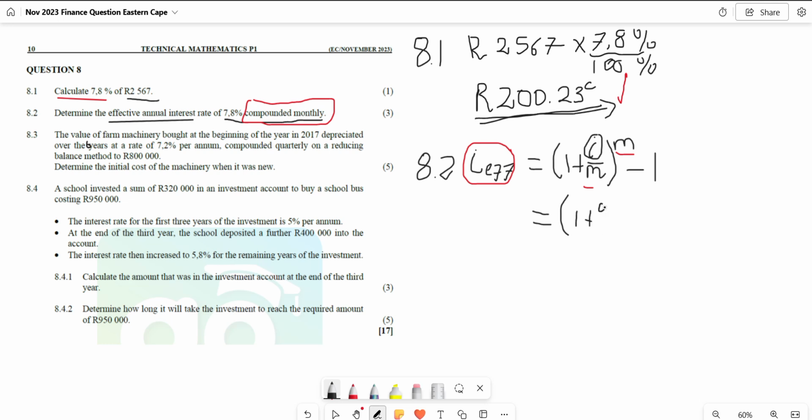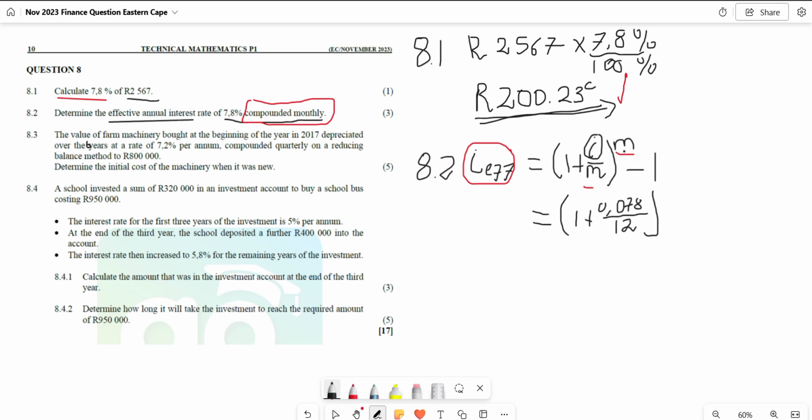Using the calculator, 7.8% divided by 100% is equivalent to 0.078, which we substitute where we see I. Then divide by M, the compounding period, which is monthly. How many months do we have in 1 year? There are 12 months in 1 year, so we are going to divide by 12.